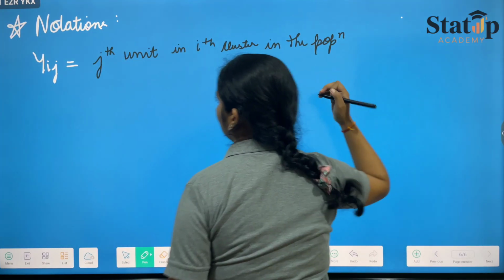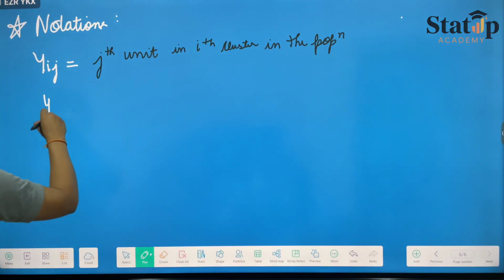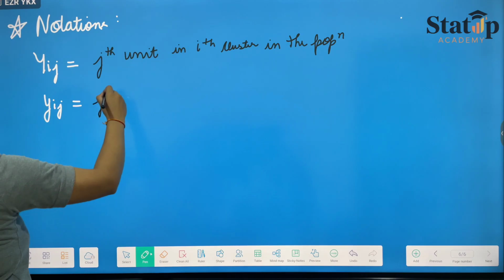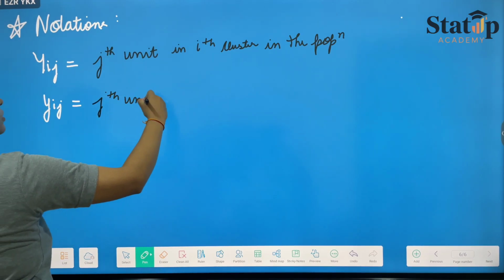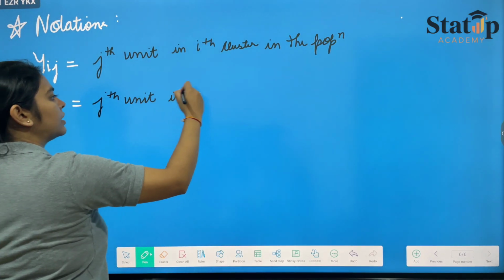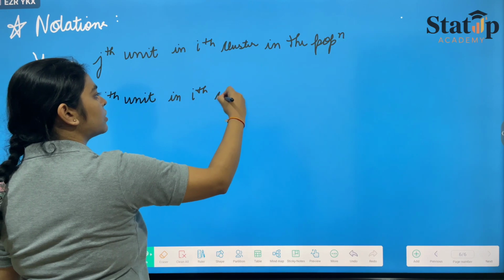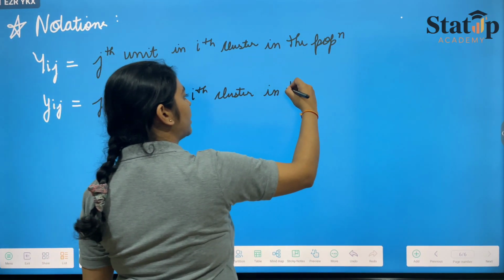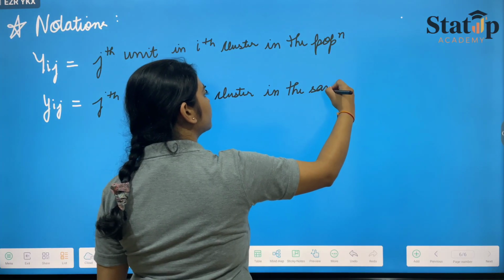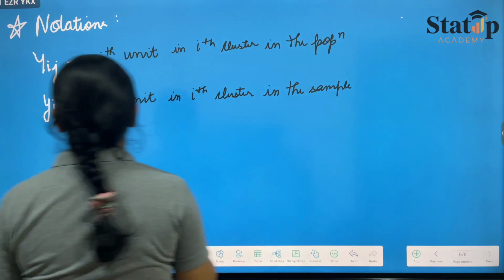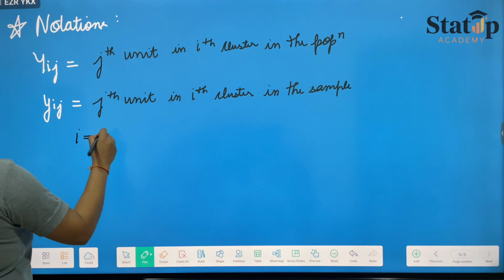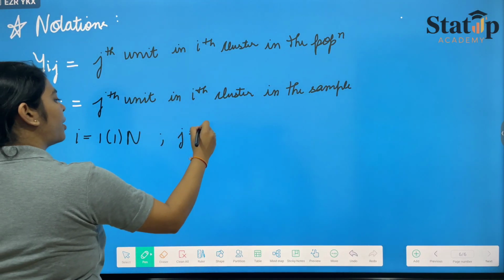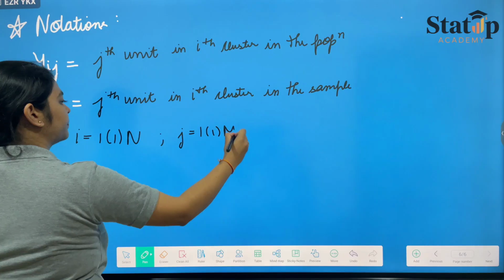Small yij is nothing but the jth unit in the ith cluster in the sample, where i goes from 1 to capital N and j goes from 1 to capital M.